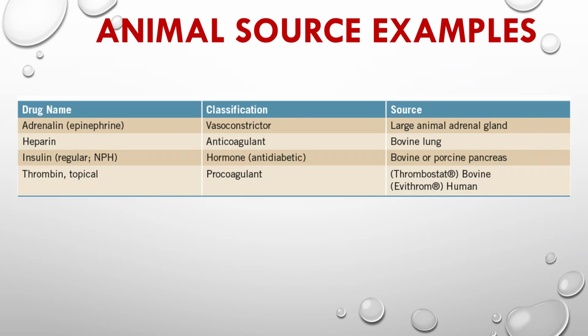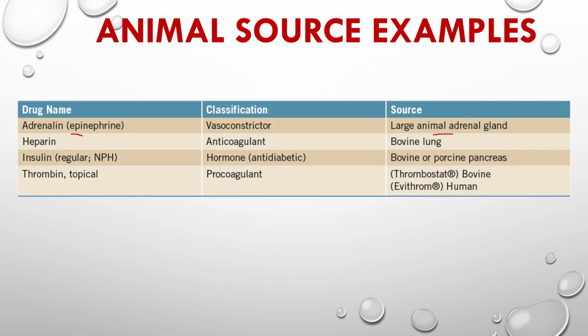So these animal sources, just to give you some examples, these are not things that I would ask you on a test, but just to kind of relate to it. Adrenaline or epinephrine is commonly used, especially to help with blood pressure and regulating that. It's a vasoconstrictor, and it's often taken from adrenal glands from larger animals, like bovine, sometimes porcine as well.